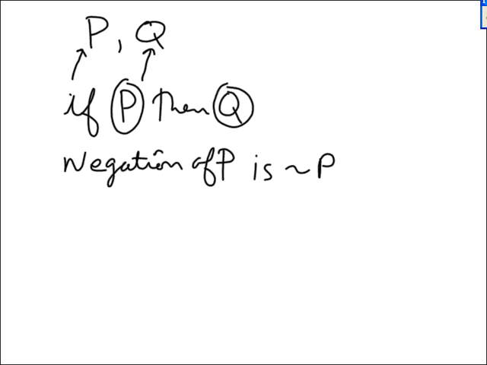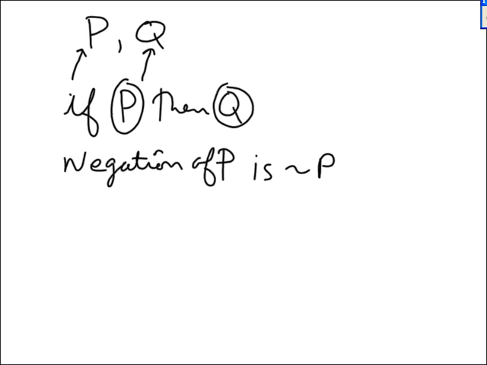It's not P. It will not rain. If P means it will rain, then, of course, not P means it will not rain. So we just defined not.